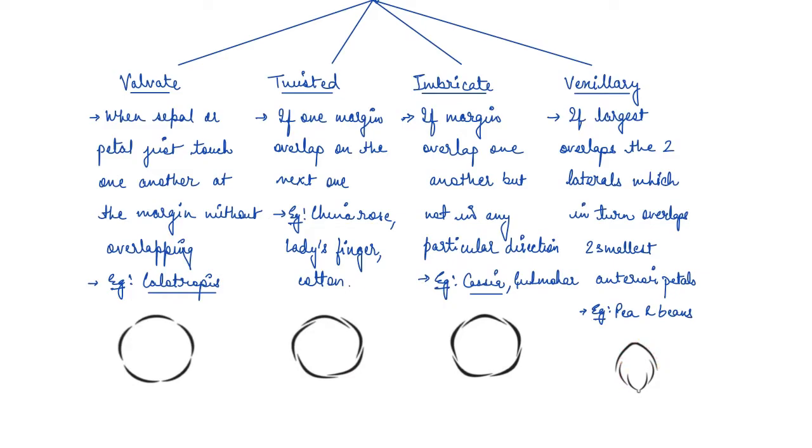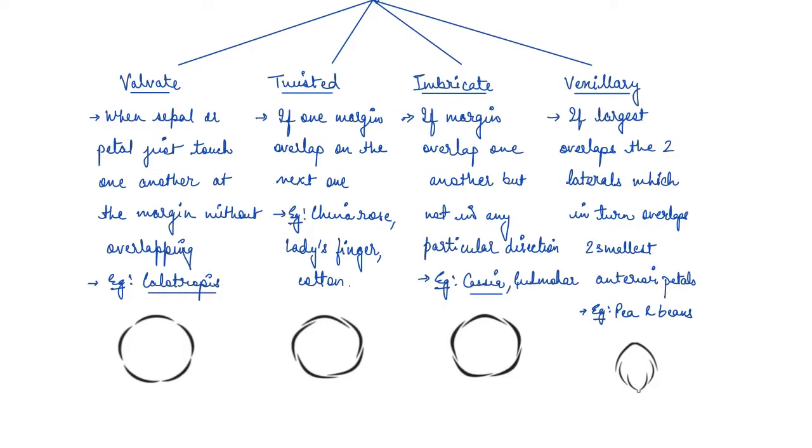It is overlapping the two adjacent ones, and then these are overlapping the two smallest anterior petals. So this kind of estivation is known as vexillary or papilionaceous. Okay, so this happens in pea flowers or bean flowers.